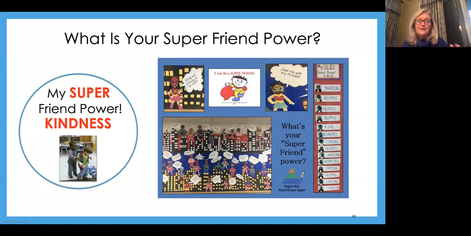So my super friend power is kindness, and it shows a photo of that child being kind. They could take those home, and it's a great way to support their competence and confidence around that. You can see she did a cute little thing with superhero kinds of things. And I Can Be a Super Friend is also on the Challenging Behavior website.